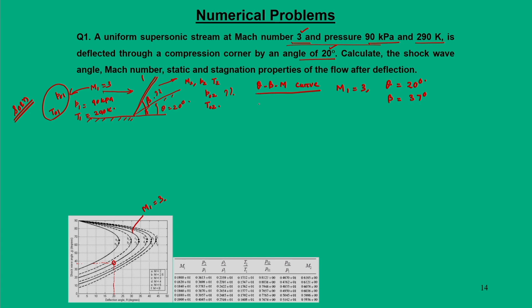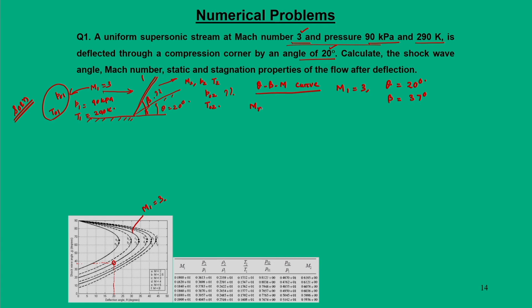Once we have this, then we know beta. Remember that in this step we have got rid of the theta-beta-M relations. That means we are not using any trial and error approach, rather solving this problem graphically using this graph.